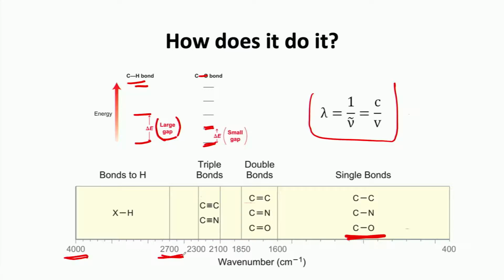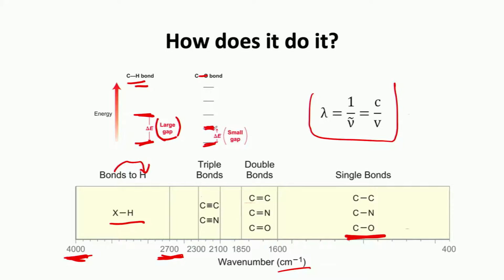So here, between 2,700 and 4,000 wave numbers, you have all the XH bonds, anything that's bonded to a hydrogen. And that's why this is a large energy gap right here, because these are larger numbers. It corresponds that way because we're doing the inverse now, not the actual wavelength.